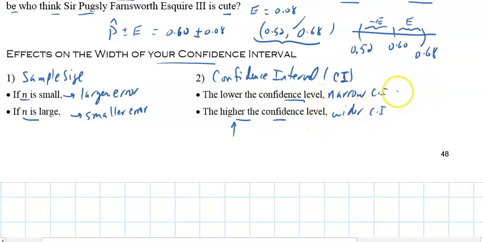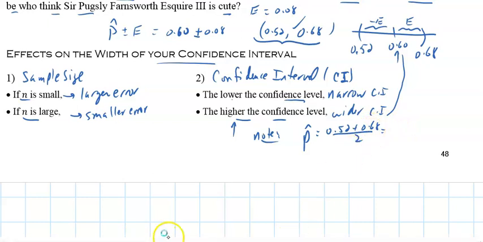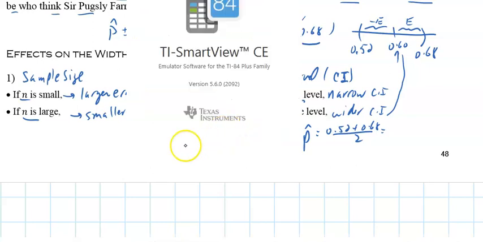And the way it works, if you want to find p hat given a confidence interval, you would take the lower end plus the higher end and average those. That gives you the average, always. Let me get the calculator out.